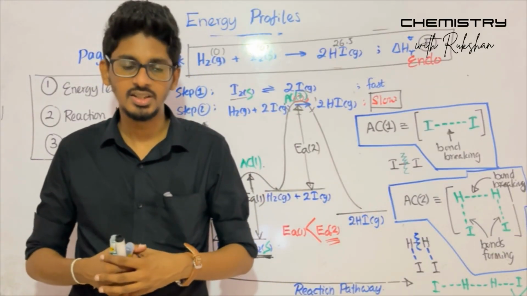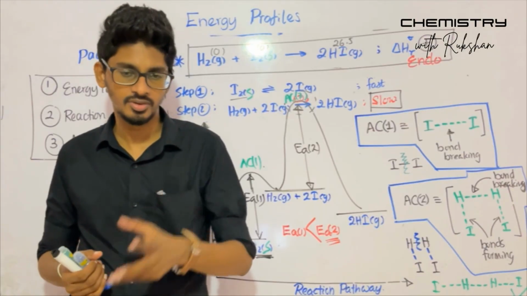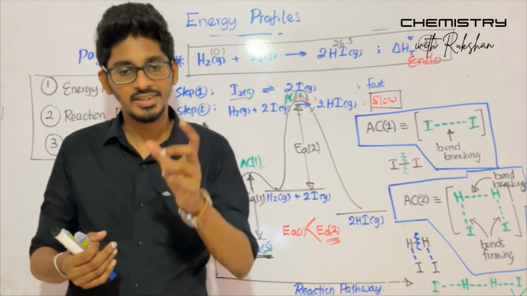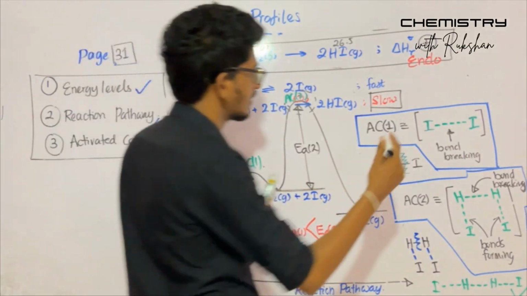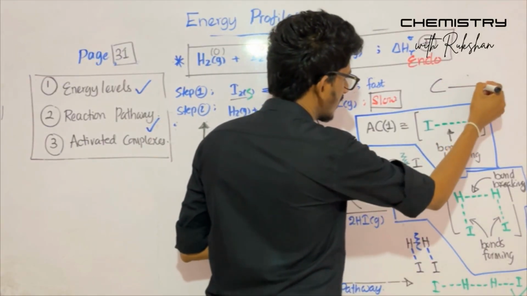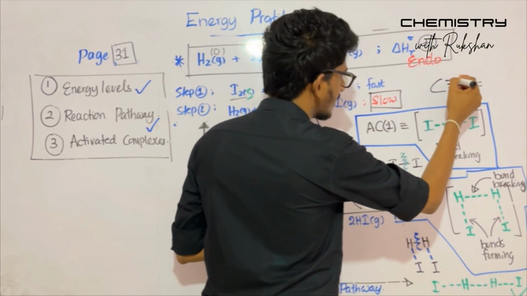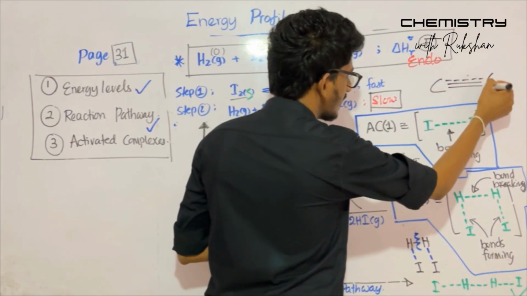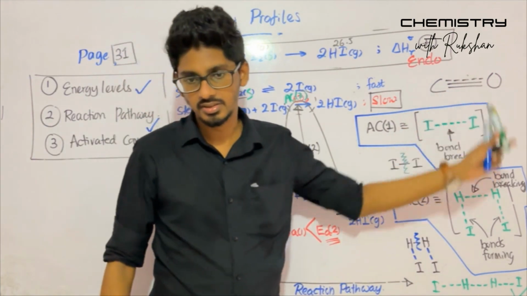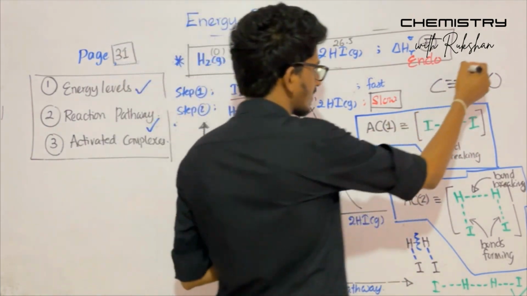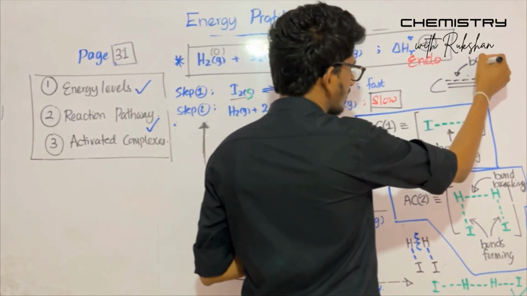So definitely there should be a bond breaking, the third bond is to break. You can mention that: two bonds are here and the third bond is breaking like this.